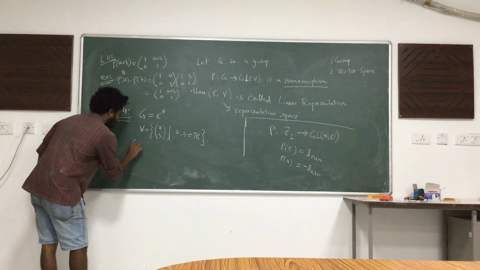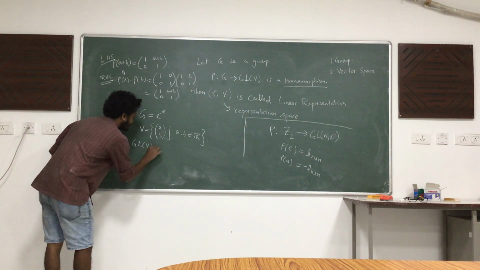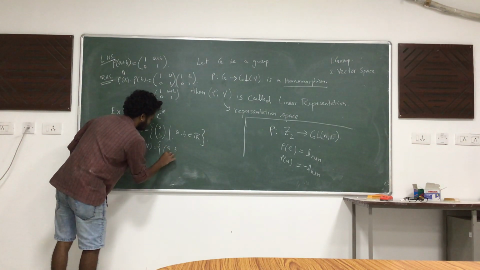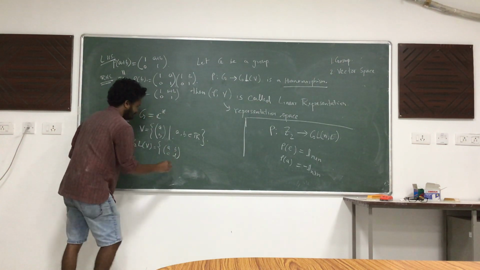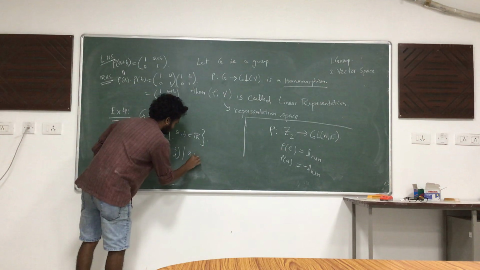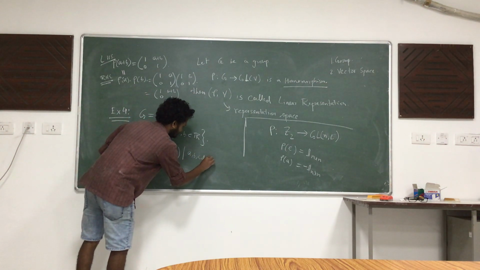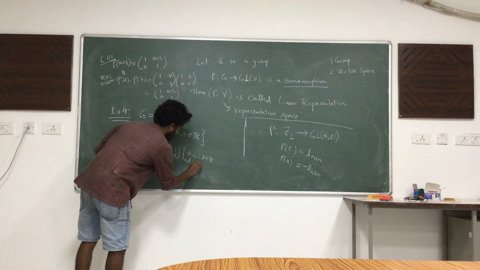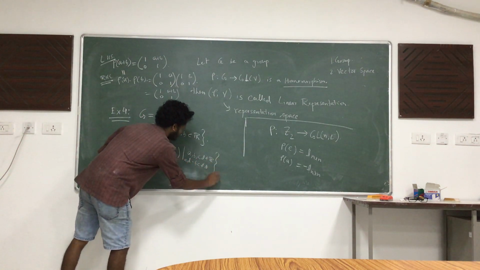So what will be the GL(V) in this case? It's nothing but all the 2 cross 2 matrices (a, b, c, d), such that a, b belong to R and ad minus bc is not equal to 0.